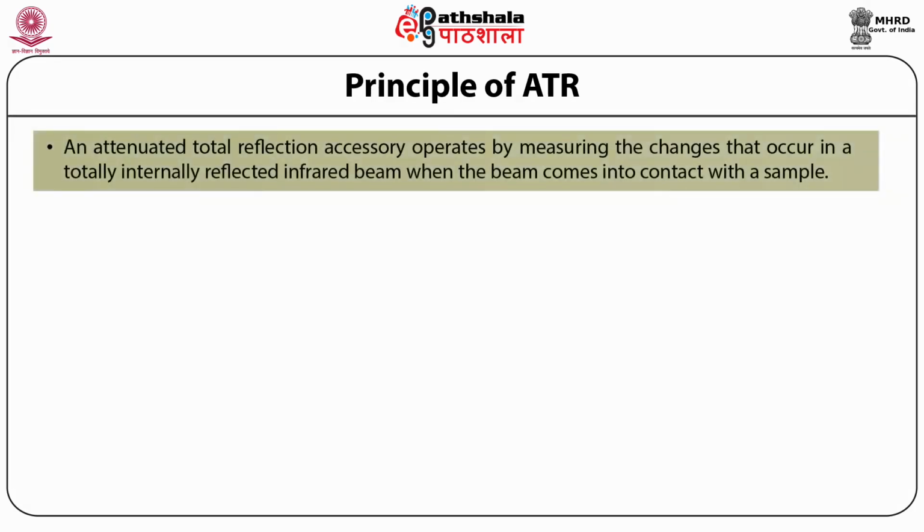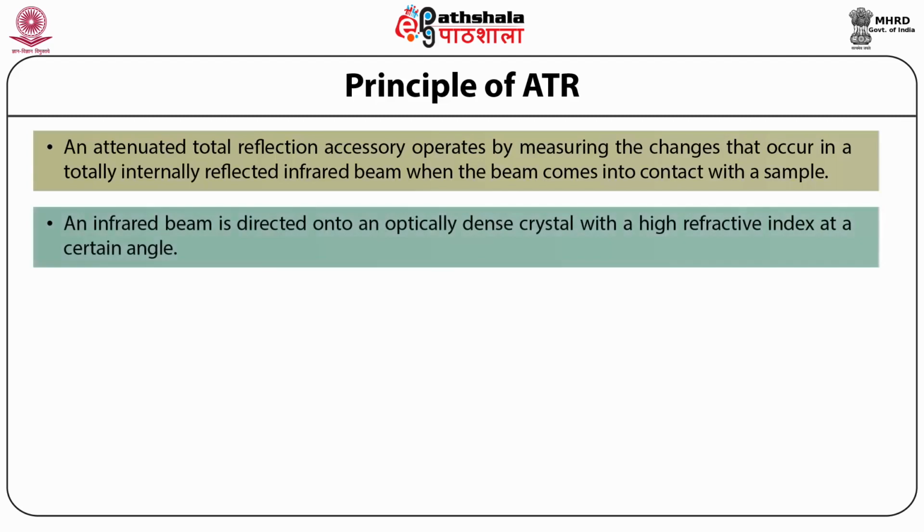An attenuated total reflection accessory operates by measuring the changes that occur in a totally internally reflected infrared beam when the beam comes into contact with a sample, as indicated in the figure which I have shown in the next slide. An infrared beam is directed onto an optically dense crystal with a high refractive index at a certain angle.